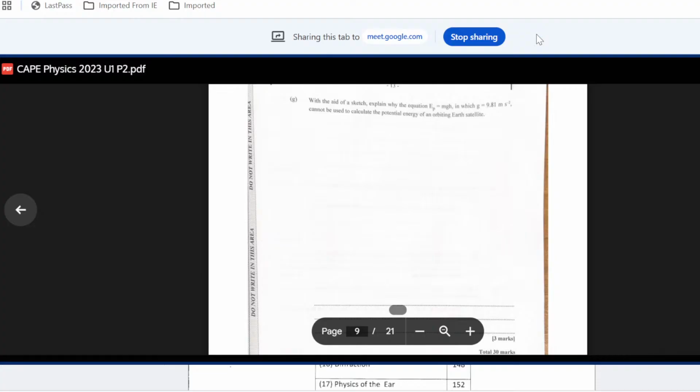Alright, it said with the aid of a sketch, explain why the equation EP, potential energy equals mgh, in which g is that, cannot be used to calculate the potential energy of an orbiting Earth satellite.